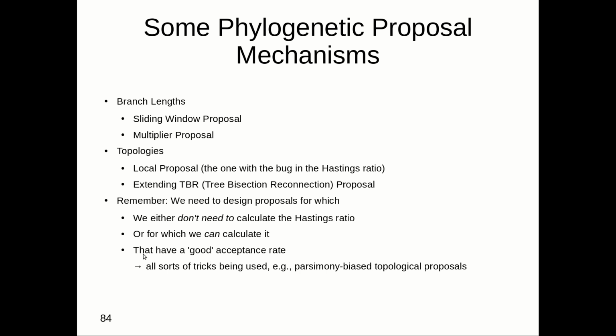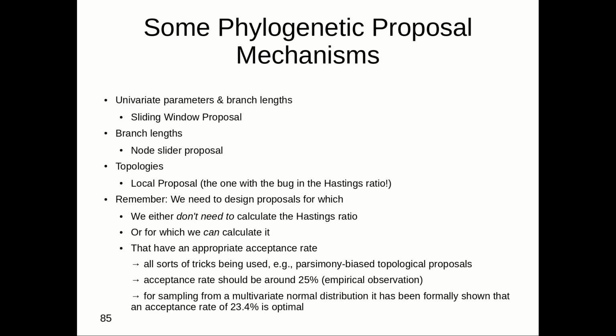And here, in practice, all sorts of tricks are being used to achieve a good acceptance rate. For instance, people have designed parsimony biased topological proposals that give you a pre-scoring of possible topological moves, and then you just randomly draw one of the good or promising topological moves to achieve a good acceptance rate.